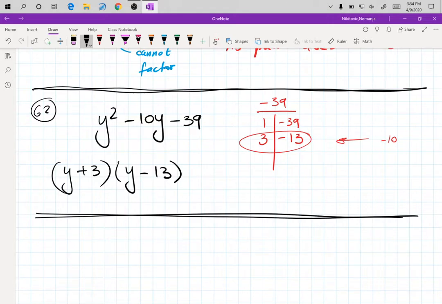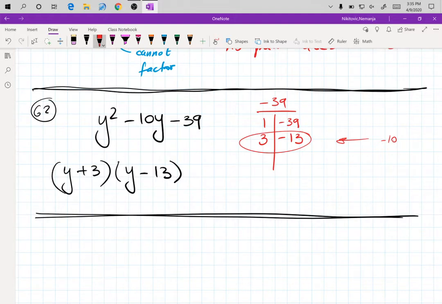Now, we can combine this with greatest common factor from yesterday, and we can also have trinomials that have a leading coefficient different than 1.